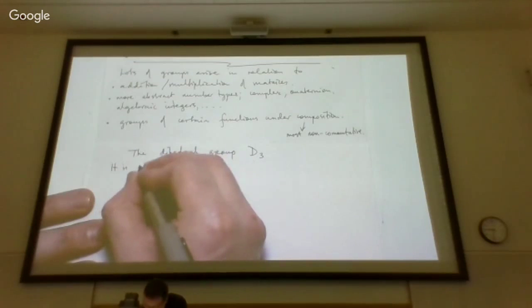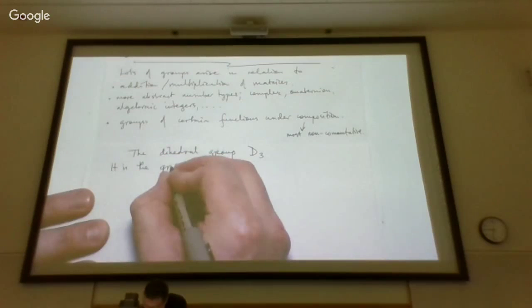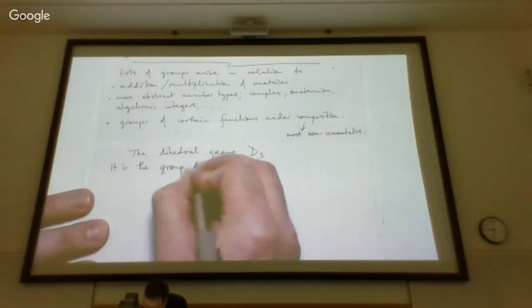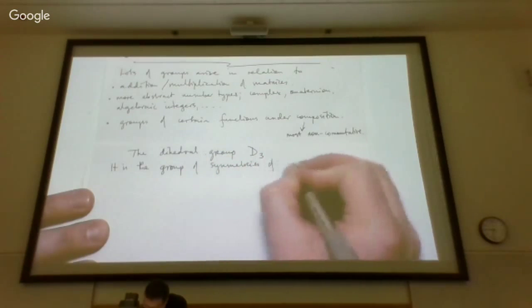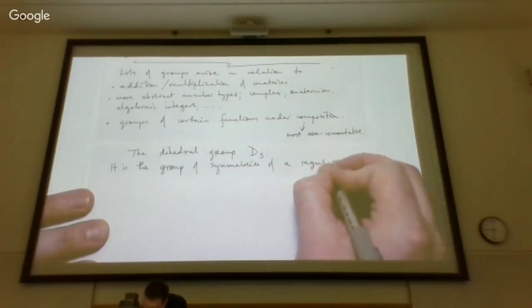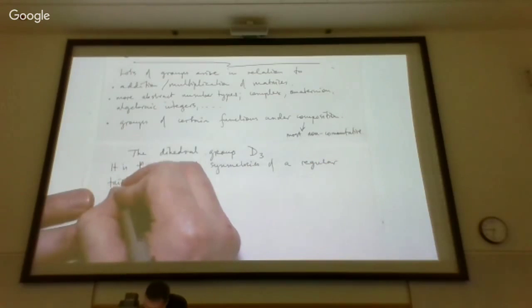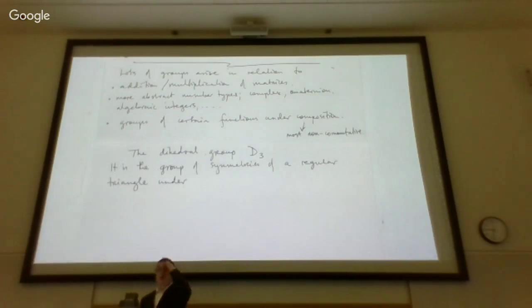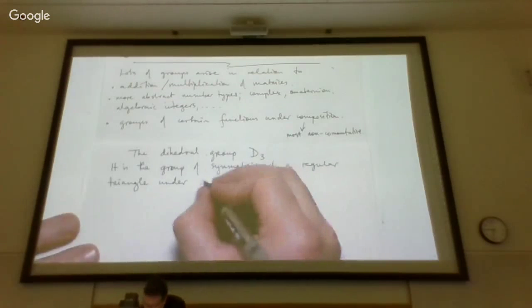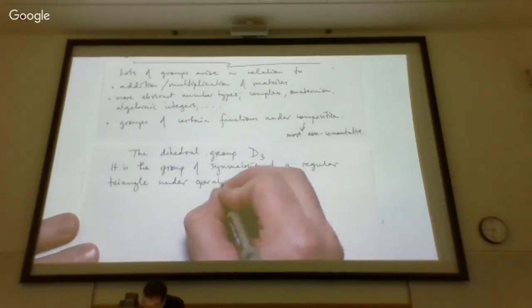And this is the group of symmetries of a regular triangle. That's what the elements in the group are. The objects in the group are symmetries of a triangle. And the operation is function composition.